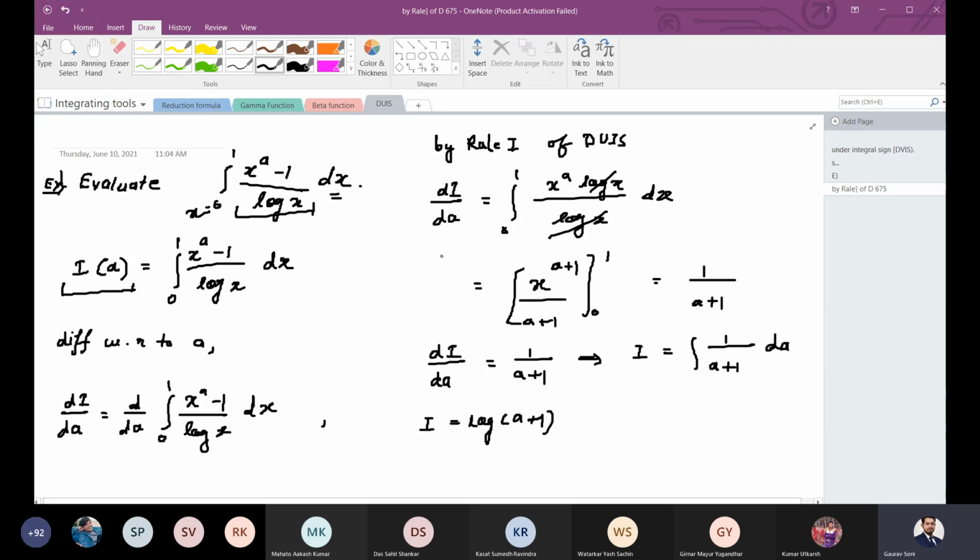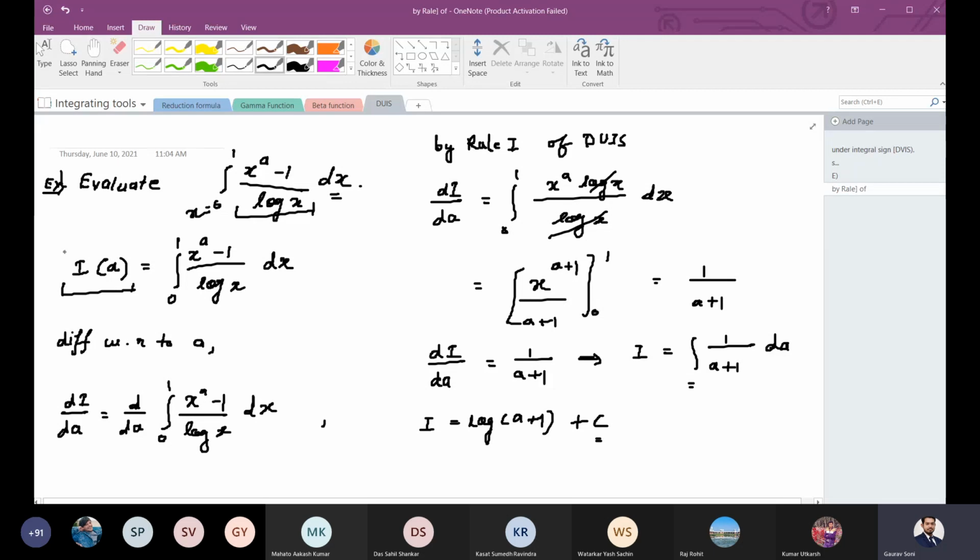Is there something that I am missing over here? Yes, Rohit. Integrating constant, exactly. So this integration that you are doing here is an indefinite integral, so we need to put the integrating constant. But we have to figure out a way to find the integrating constant.